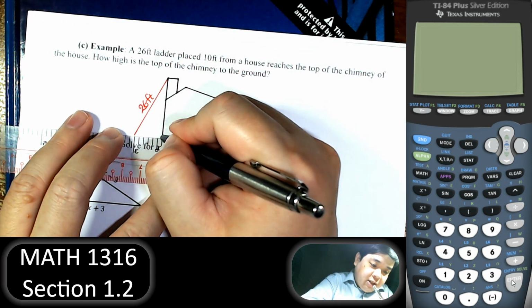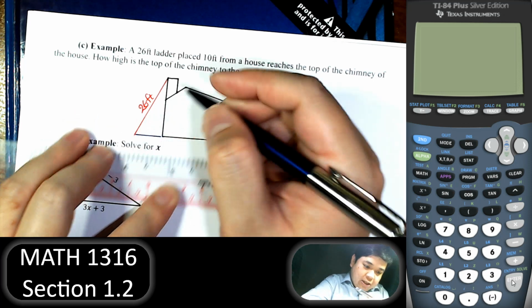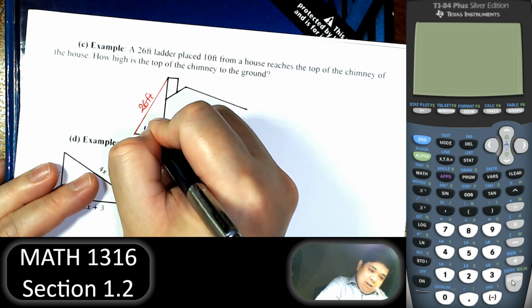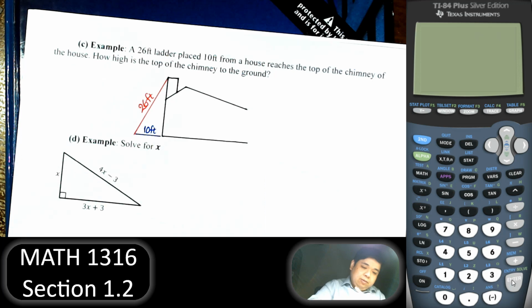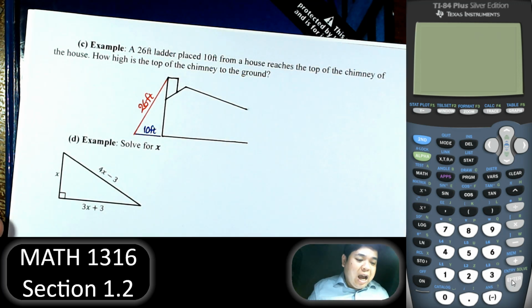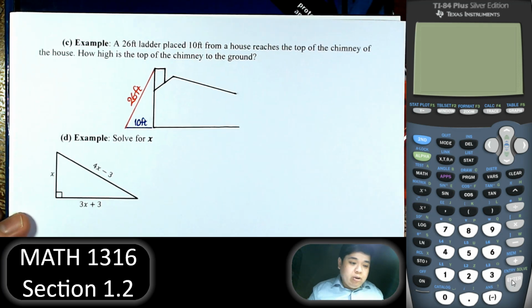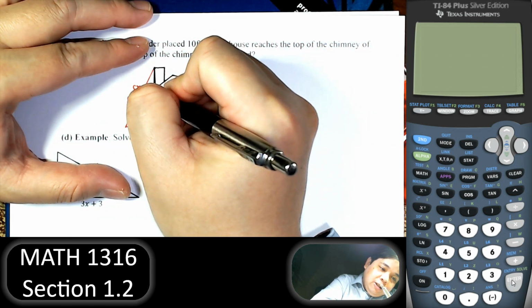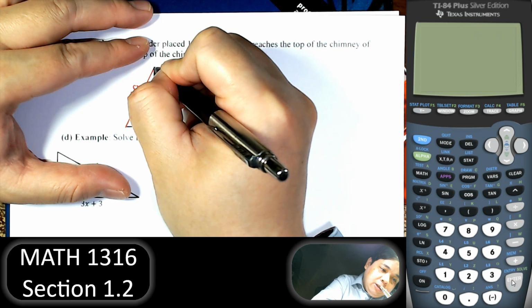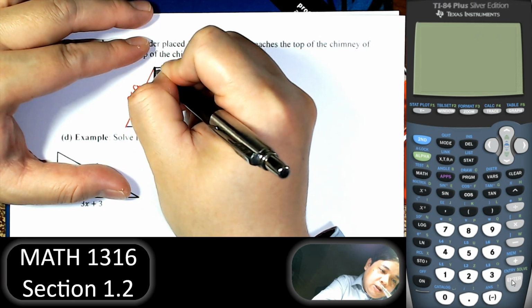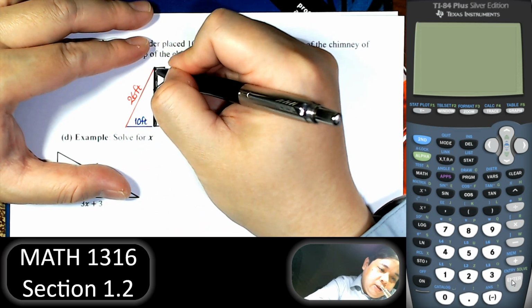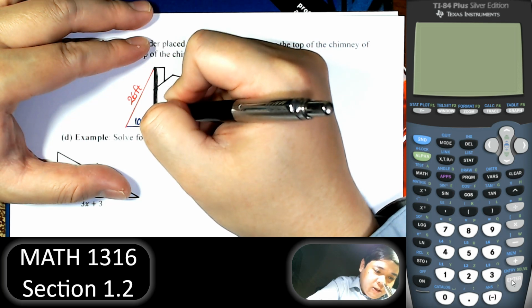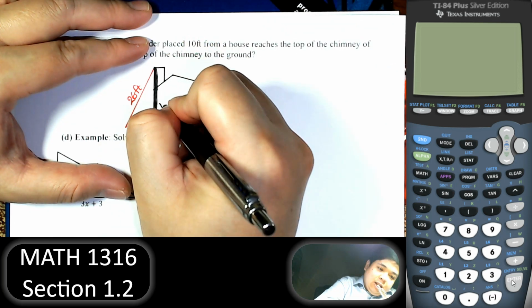So this is 10 feet away from it. The question is, how high is the top of the chimney from the ground? So we are asked to find this length, and that is x.